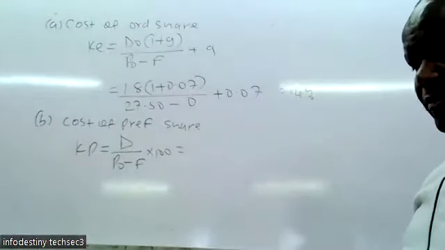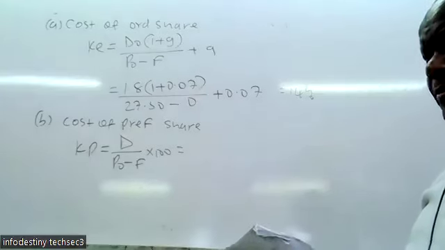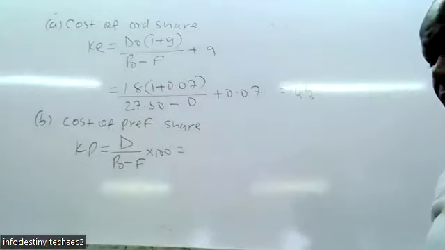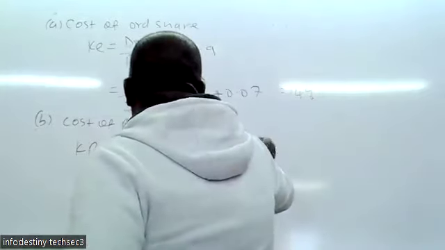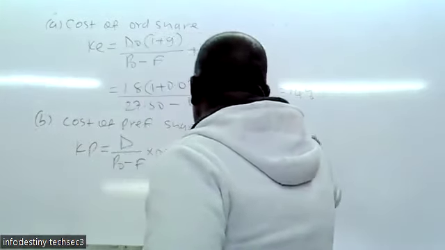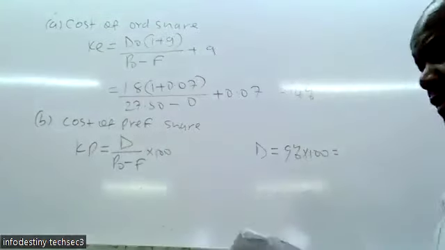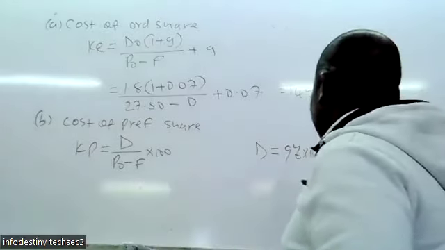When it comes to the preference shares, you have note number 3. The firm's preference shares pay a 9% dividend. First you calculate the dividend. It is 9% of 100, which is going to be 9.